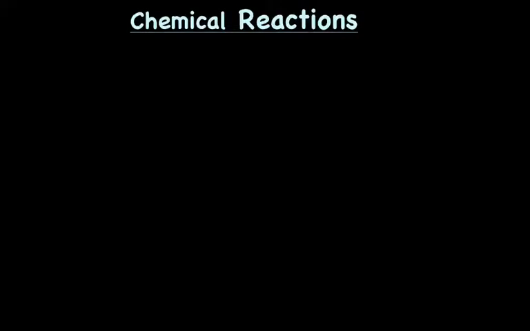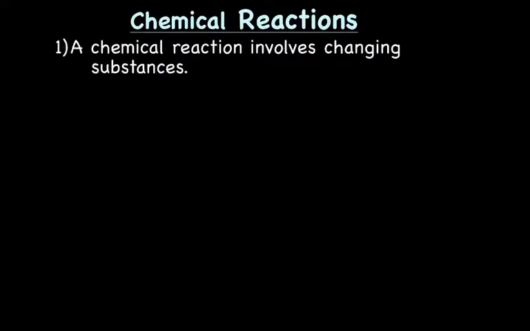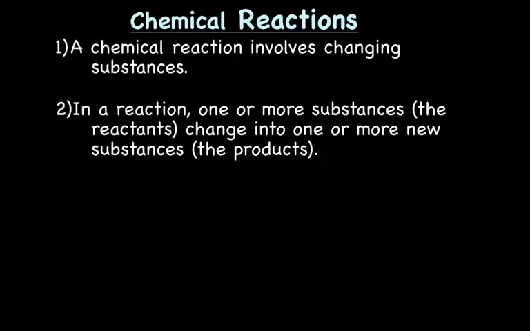Okay, let's start with a quick overview, hopefully a review of chemical reactions. A chemical reaction involves changing substances. During a chemical reaction, one or more substances change into one or more new substances.